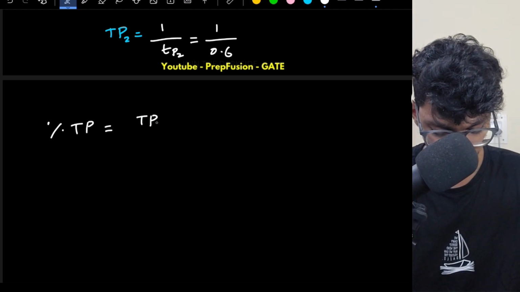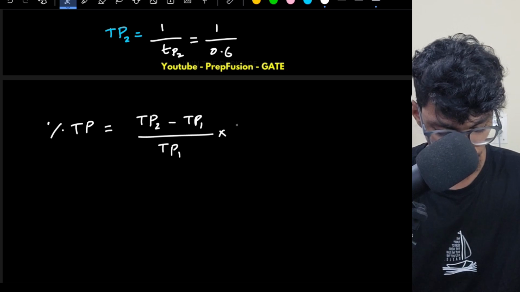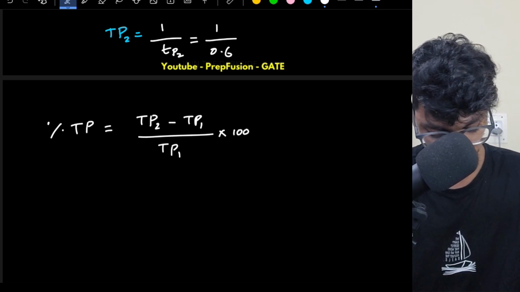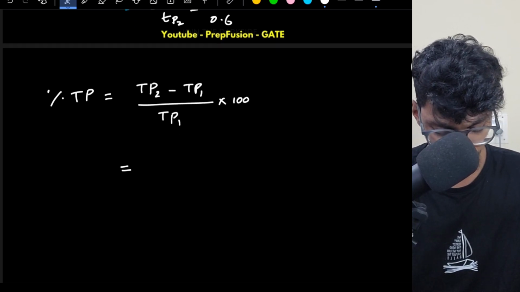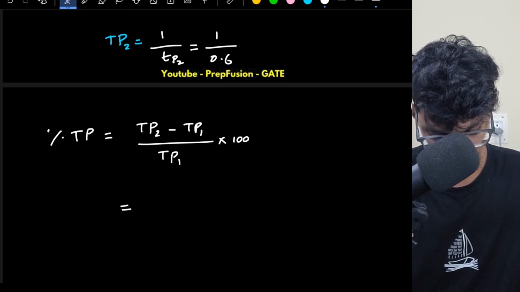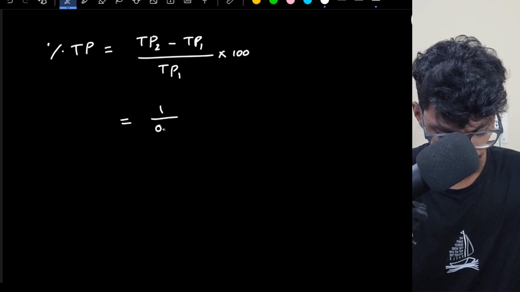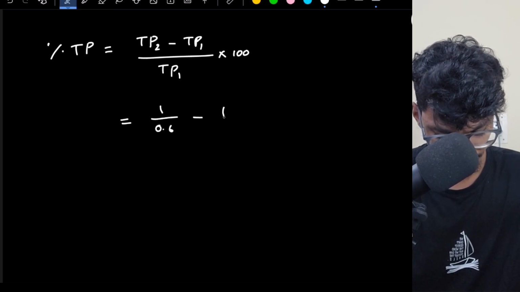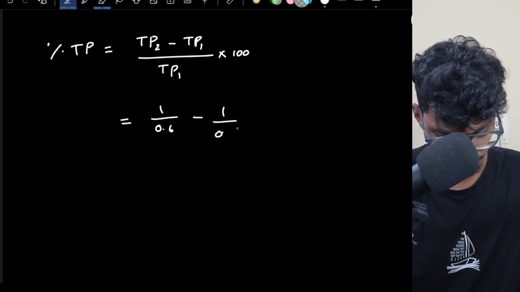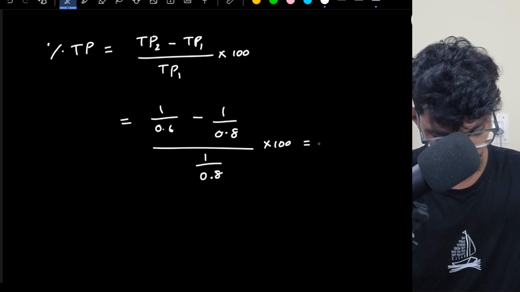It will be the new throughput minus the old throughput, divided by the old, into 100. So this will be 1 by 0.6 minus 1 by 0.8, divided by 1 by 0.8, into 100.